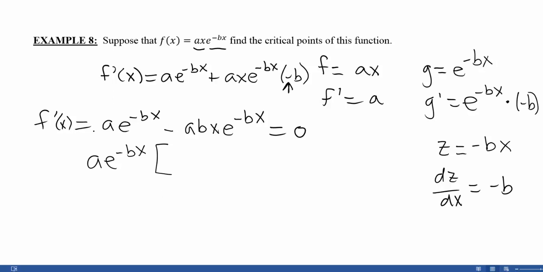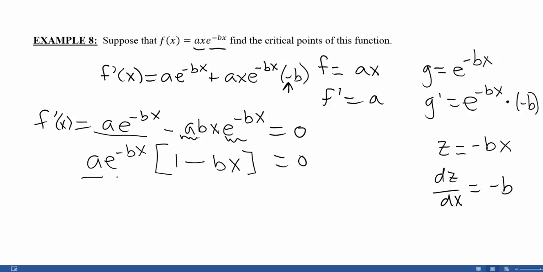So if I have a e to the negative bx in the first term, and I factored out the entire thing, that leaves me with a 1 placeholder. If you factor something out and you factored out the entire term, you need to leave a 1 there, because if you were to multiply it back in, then it needs to multiply 1 so it can show up there again. Now from the second term, I took out the a and the e term, which leaves me with bx.